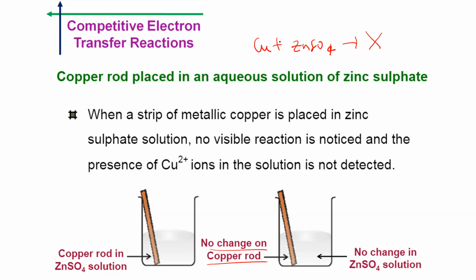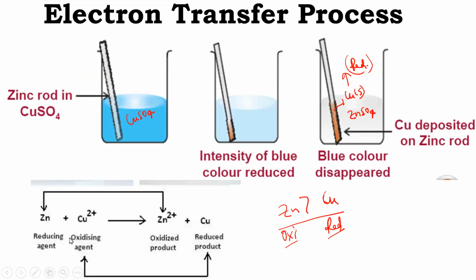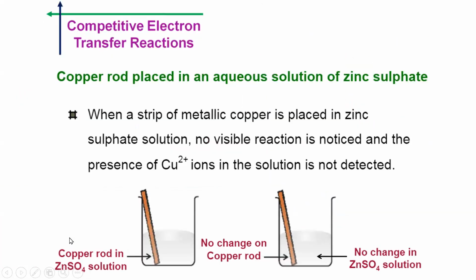In competitive examinations they may give you many reactions and jumble copper and zinc, and ask you to identify the incorrect reaction. So this is how you identify the incorrect reaction. Again I'm reminding you that knowledge of the reactivity series is very important, so I hope you take care of it.